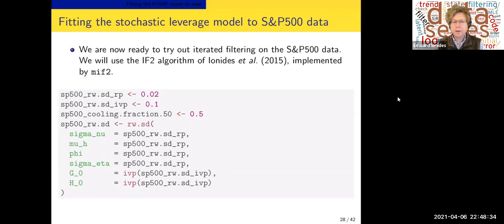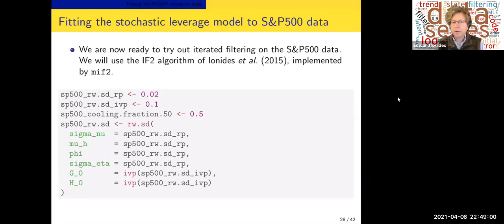So we're going to use for a random walk standard deviation this value 2%, that's 0.02, that we've used in other situations and often seems to work well, with a higher random walk perturbation for the initial value parameters. Remember, those are the parameters that only vary at time 0.